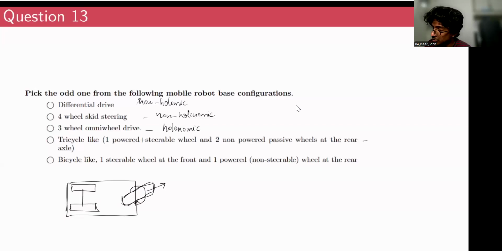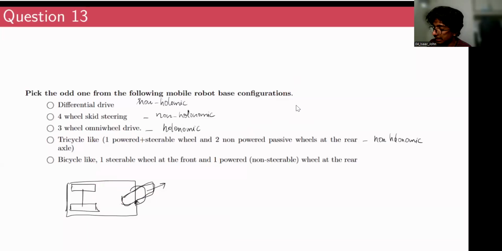So a tricycle is also non-holonomic, right? Because you will never see an auto rickshaw going sideways like this. It cannot simply go sideways. It can only go like this. It can only take a finite turning radius. It also cannot rotate about its vertical axis.